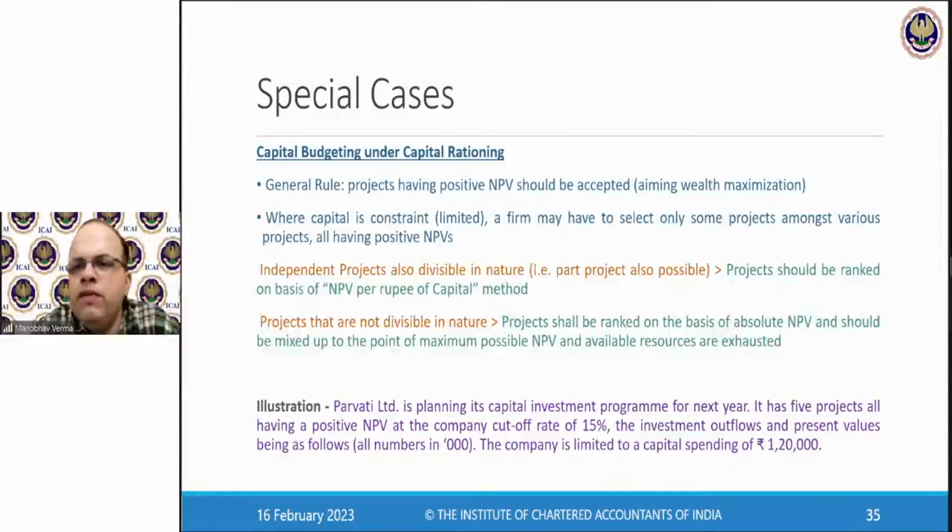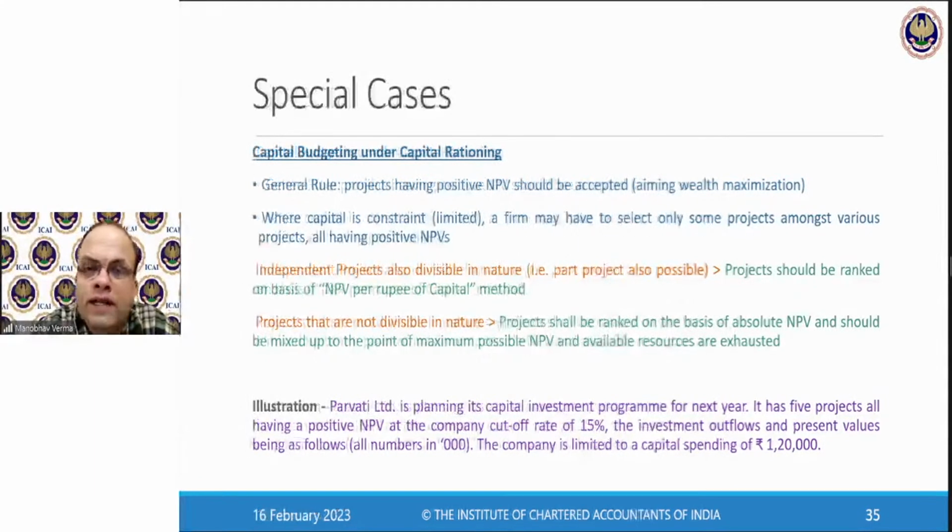We specifically focused on NPV and IRR. We also talked about how there could be scenarios where NPV or IRR could give conflicting decisions. We also talked about a very special method called modified internal rate of return, MIRR.